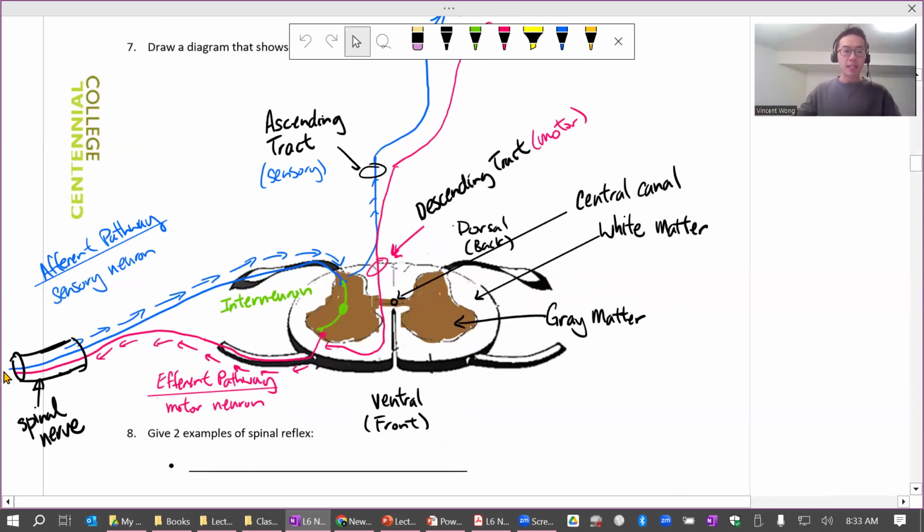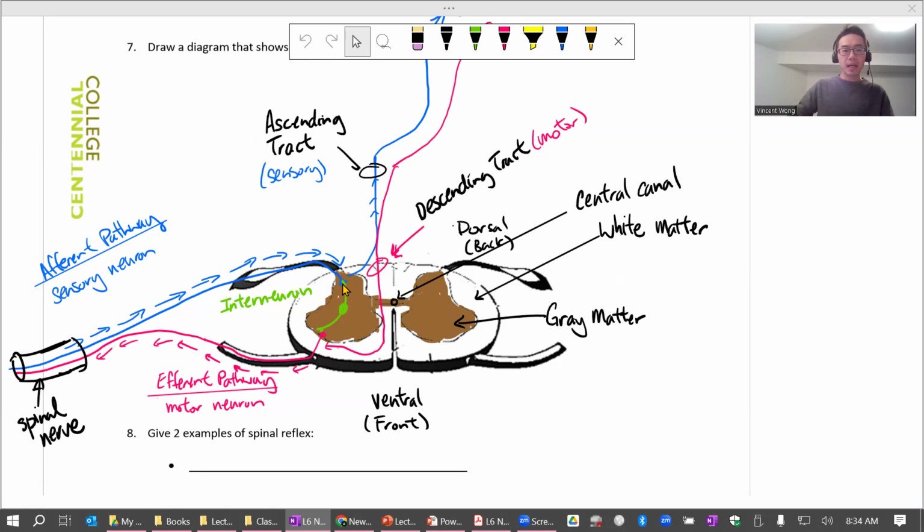When you touch a hot surface, for example, the sensory information will be carried through the afferent pathway, shown here in blue, which is made up of the sensory neurons. The sensory neuron is responsible for carrying sensory information such as temperature, pain, touch, pressure. All this sensory information from your skin and muscle travels through the afferent pathway, and it typically enters through the back end of the spinal cord.